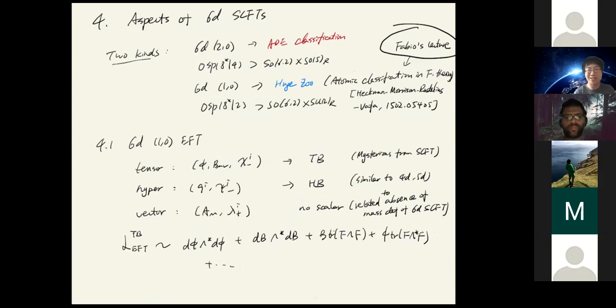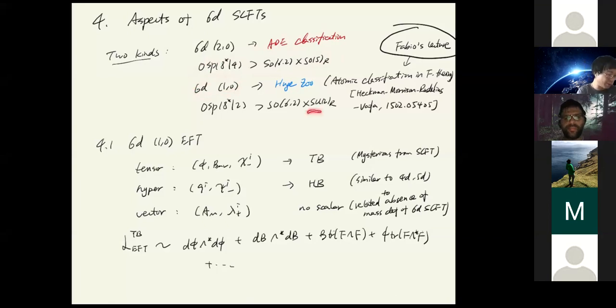Okay? So as I mentioned before, there are 2 kinds of superconformal field theory in 6 dimensions. Okay, there's the (2,0) theory, which has an ADE classification. Okay, the conformal symmetry group looks as follows. But there's a much larger class of (1,0) theories with half supersymmetry.